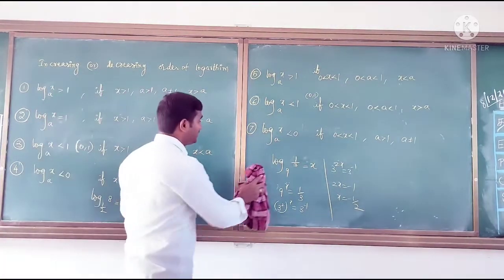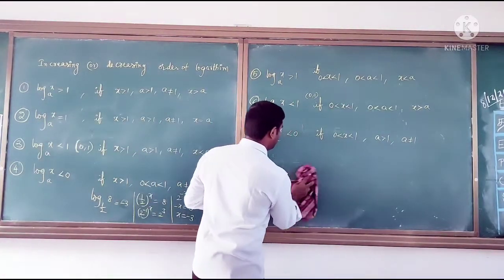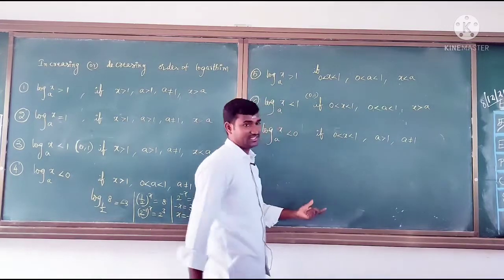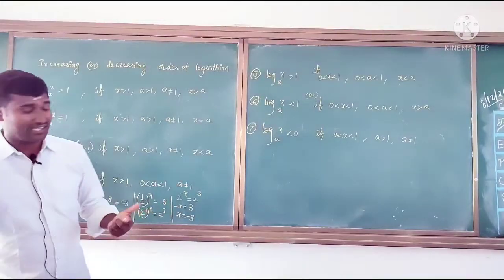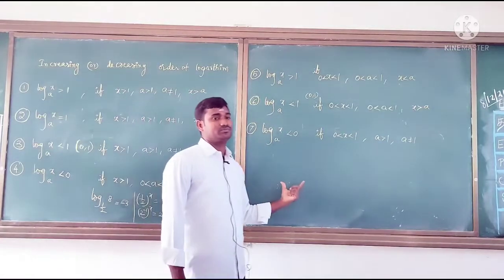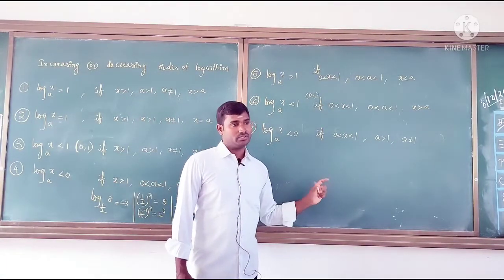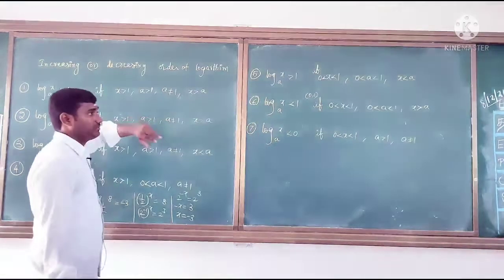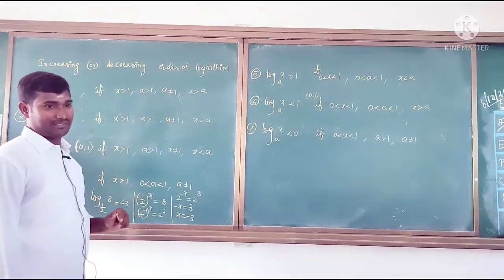By seeing the numbers, how can we obtain this? Suppose they give 4 numbers to arrange in ascending or descending order. For all sums you cannot simplify, so without simplification, by remembering these conditions, we can say.